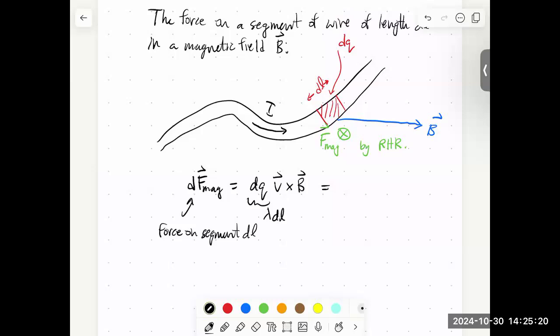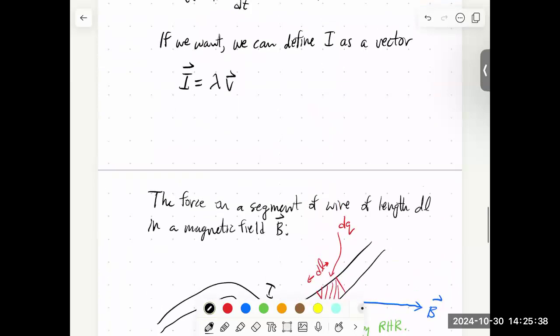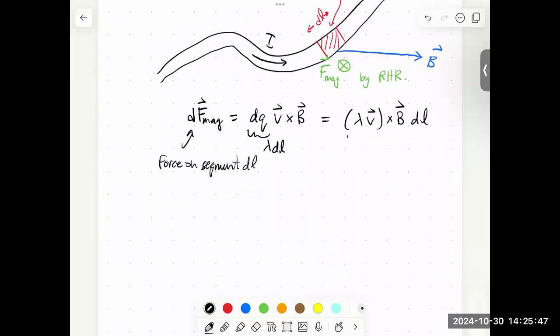So then we could write this as lambda times v cross B and then dl. So this lambda times dl is the dq. I've just grouped the lambda and v together because we just defined lambda times v to be the vector version of the current, and so this is I. And so therefore, the magnetic force on this little segment is going to be I cross B times dl.